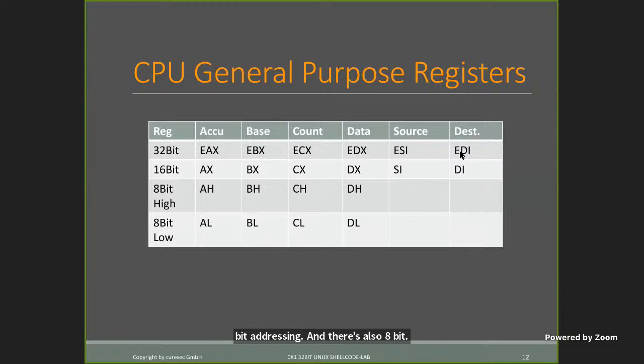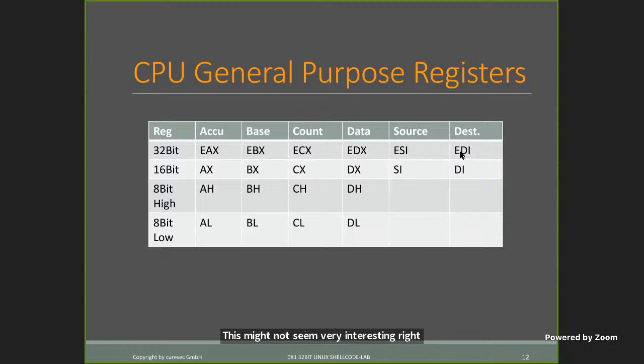So in 32-bit mode we can address certain registers not only with 4 bytes, but also with 2 bytes. And in the lower part of the register, we can also access the high 8-bit and the low 8-bit.